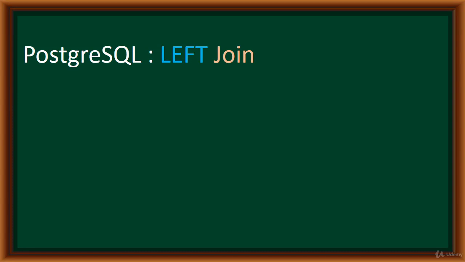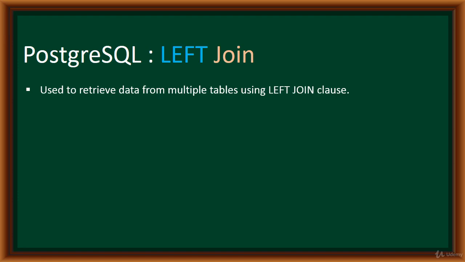In this lecture, you will learn how to use the Postgres left join clause to select data from multiple tables. When you use the left join clause, it will return all the records from the left table in the join and also any records that have been matched from the right table.